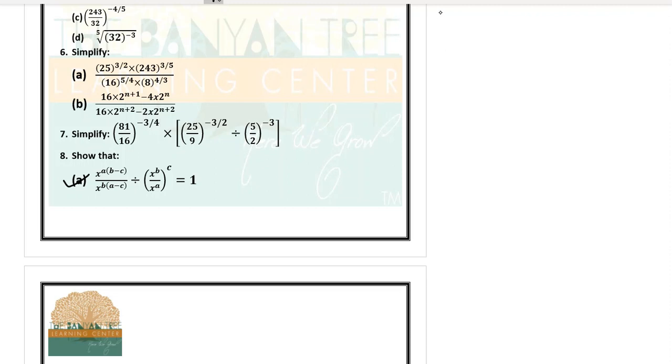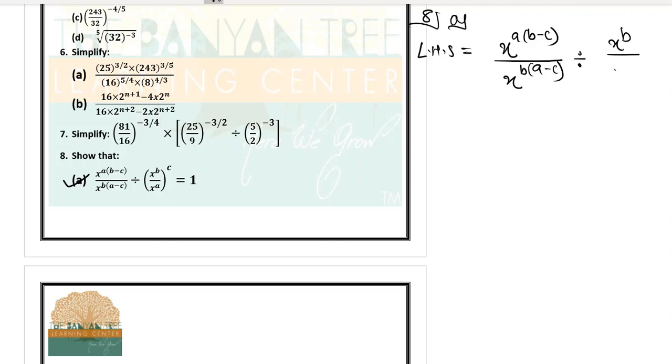Okay, let's write question number 8a. LHS. LHS means left hand side. x raised to a bracket b minus c, the whole upon x raised to b bracket a minus c, divided by x raised to b upon x raised to a, the whole raised to c.